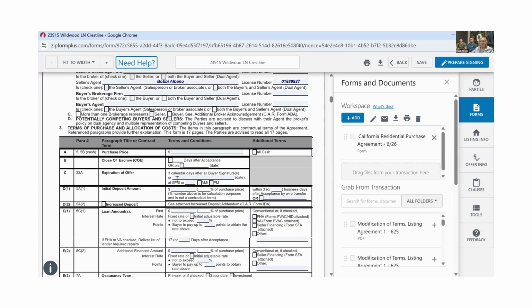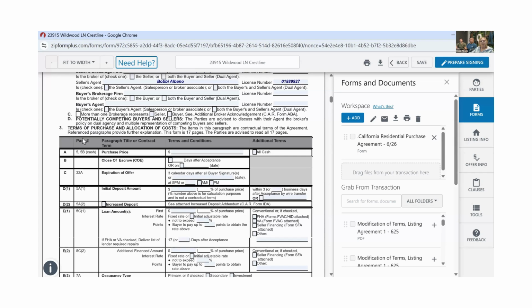And it does say here 3 calendar days. So just take note of that because some days are business days and some days are calendar days. In this particular instance, these are calendar days. All right, D1.